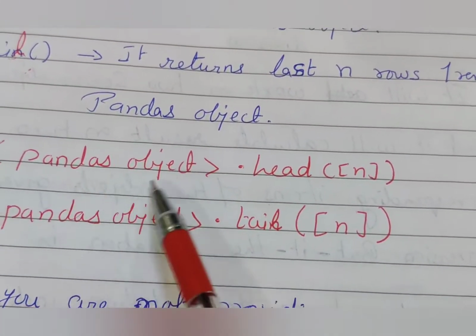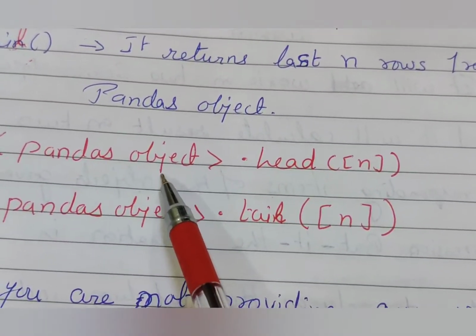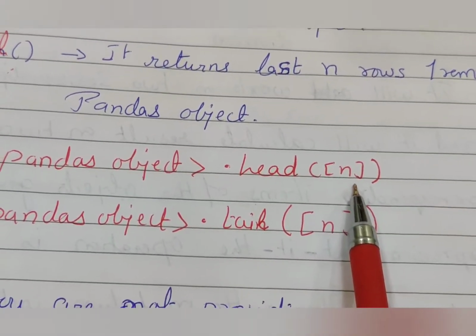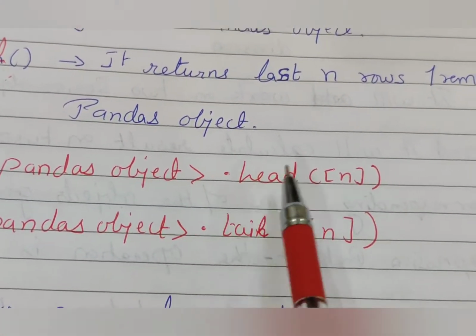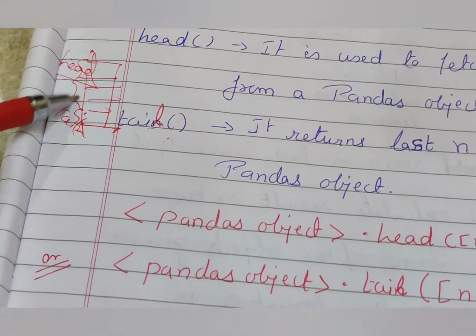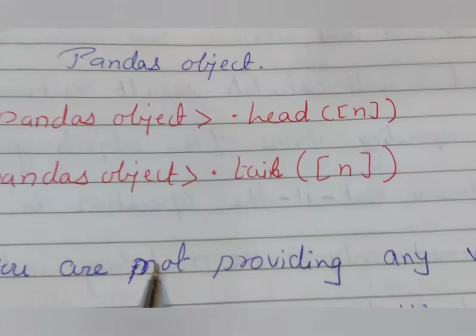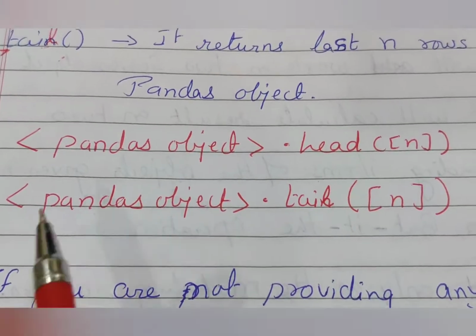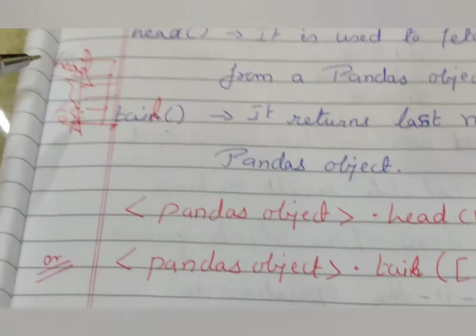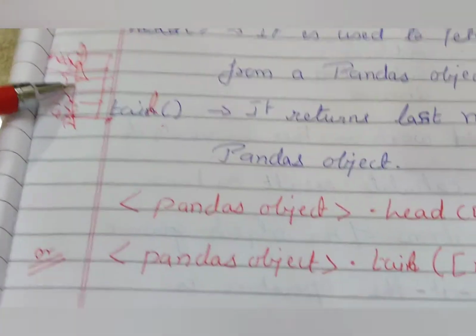Pandas object means obj1 dot head, and within the bracket I am writing the value 3. So obj1 dot head 3, it will access the first 3 rows. Okay, in the same way for the tail, obj1 dot tail 5, it will access the last 5 rows.